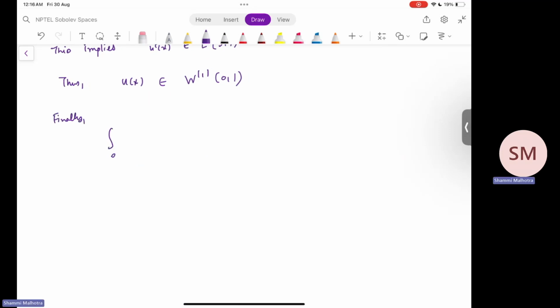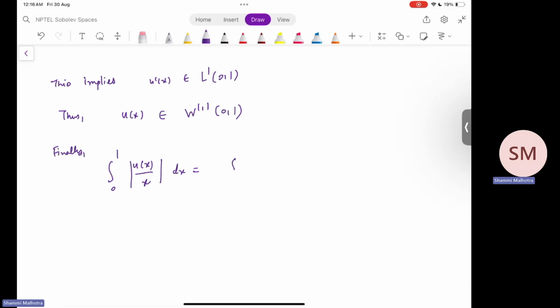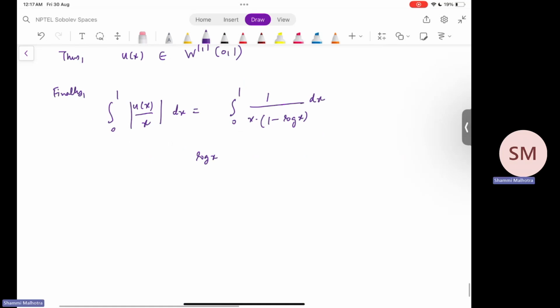Finally, we have to consider the integral from 0 to 1 of |u(x)/x| dx, and we have to show this integral is not finite. So what integral is this? This is the integral from 0 to 1 of 1 by x times (1 minus log x) dx. Again we take log x equal to t, and 1 by x dx will be equal to dt, and the limits are minus infinity to 0.